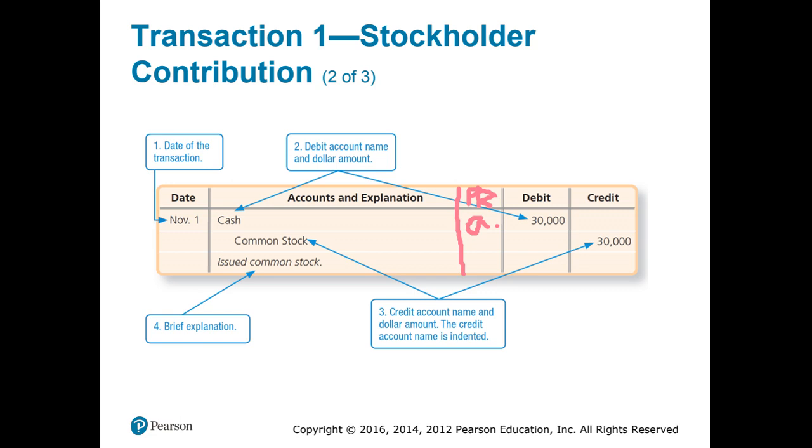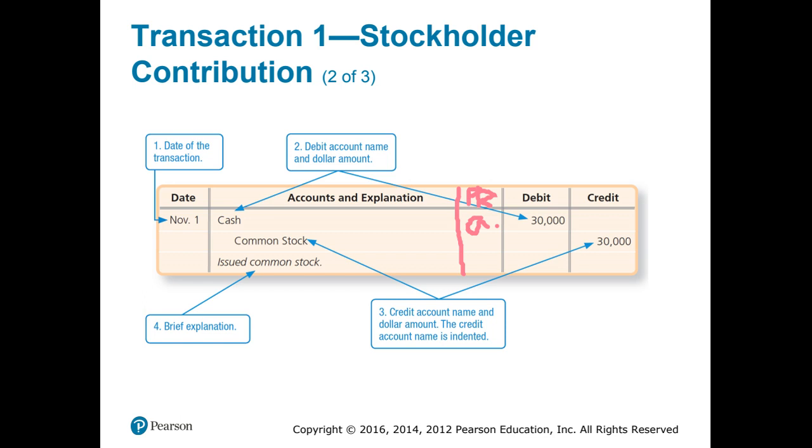What was it, common? They had it as common. Oh wait, I'm not even on the right slide over here. Yes, common stock. So right here, you would just space over a little bit and put common stock. And then the posting reference, we mentioned it would be A.